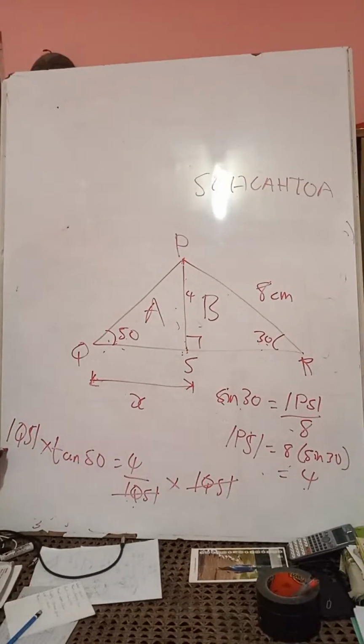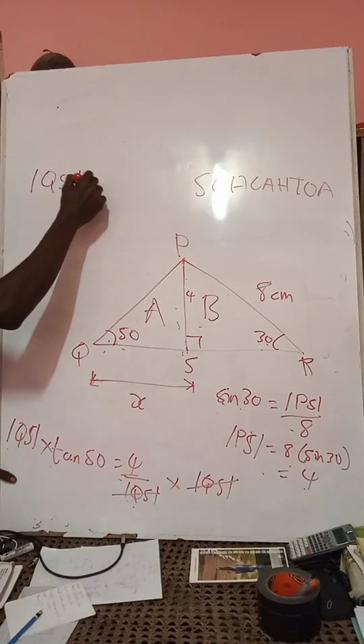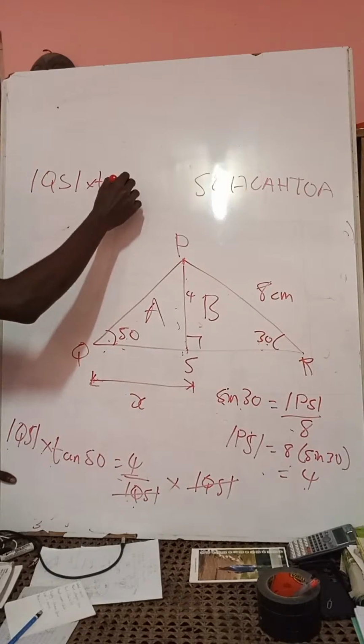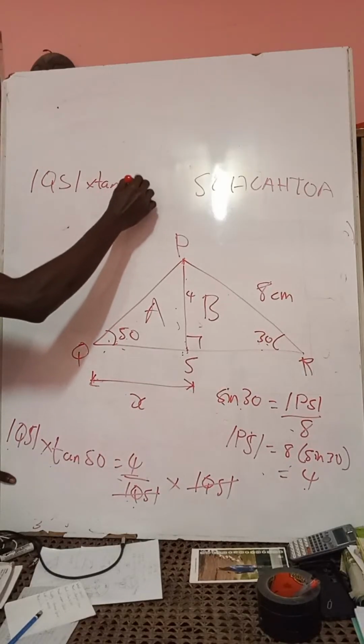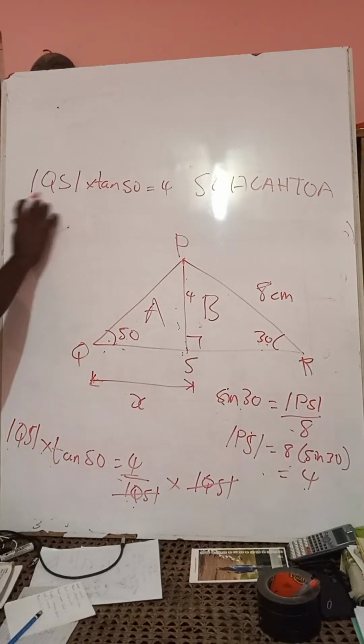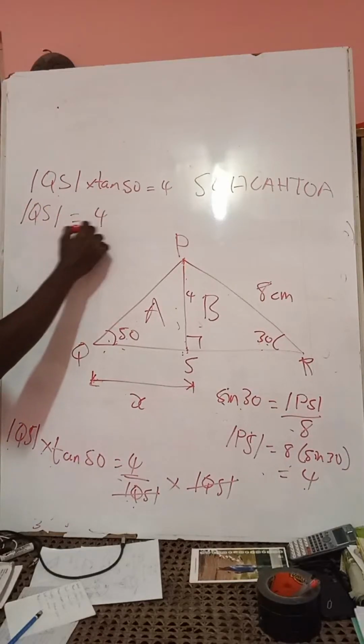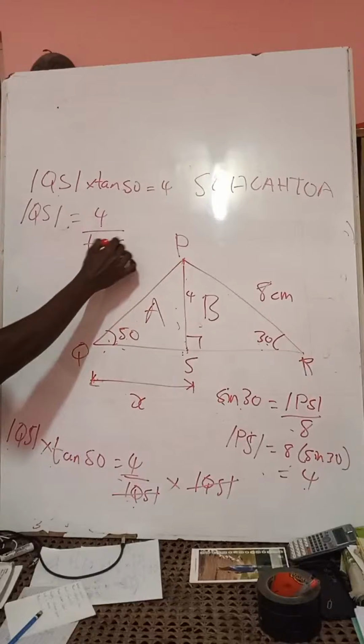From what you have here, we'll be having line QS times tan 50 equal to 4. And we are looking for line QS, so we make line QS the subject. Line QS is equal to 4 out of tan 50.